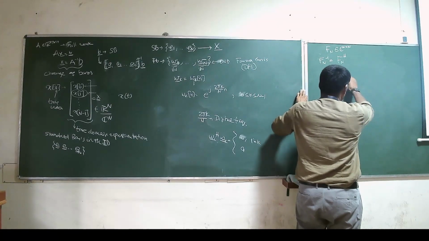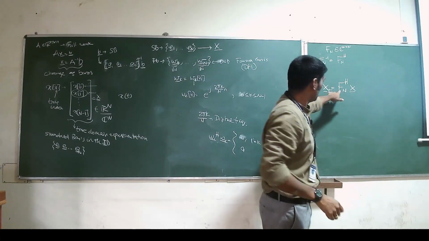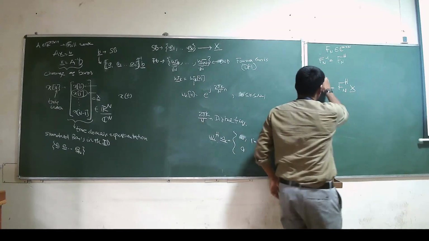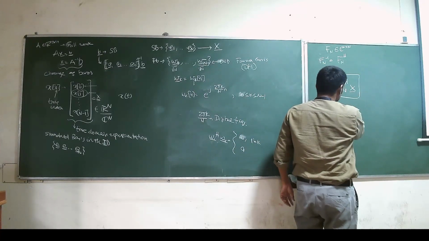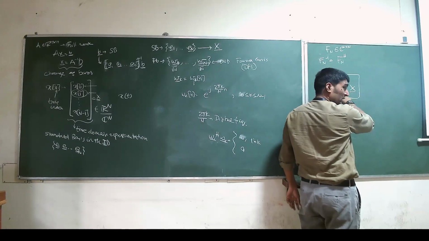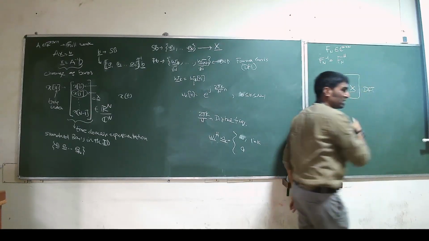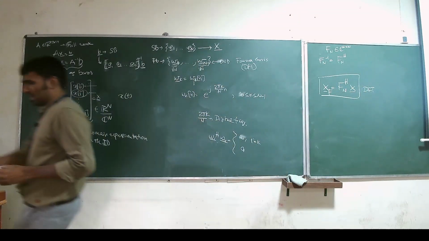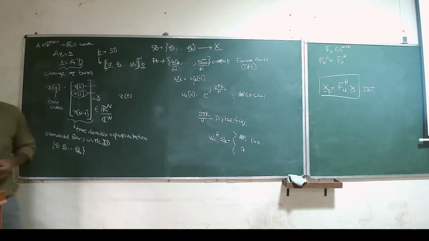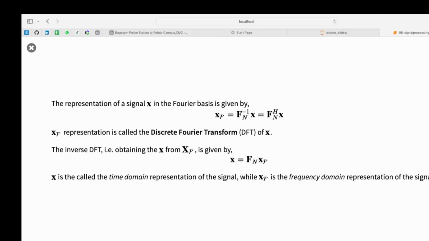You have to do the inverse, but the inverse is Hermitian, so you simply do that. And this is now the representation of x in the Fourier basis, and this is essentially your discrete Fourier transform. Okay. xf is simply Fn Hermitian x, and that's your discrete Fourier transform.